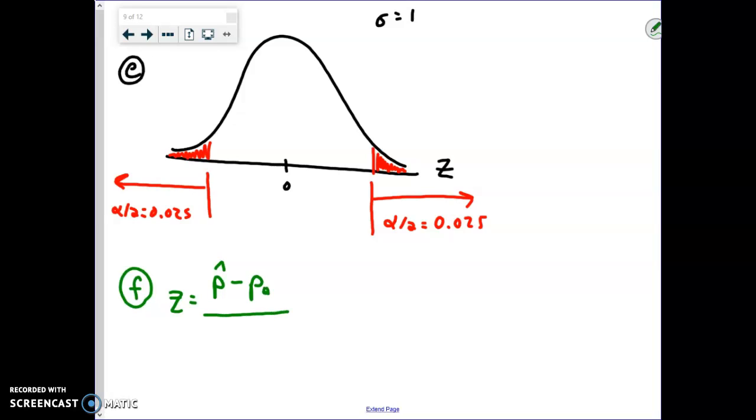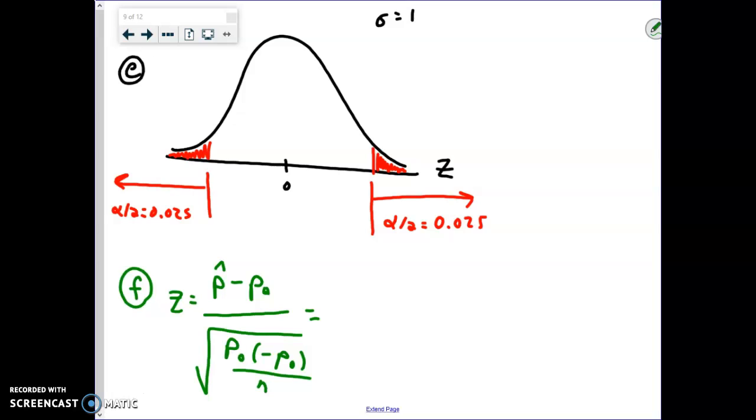P hat minus p sub naught, all over the square root of p naught times 1 minus p naught all over n. Now again, remember in that denominator you use the hypothesized proportion from the null hypothesis.